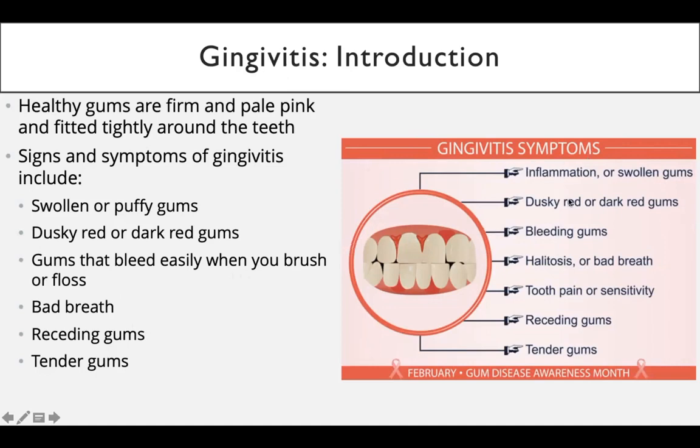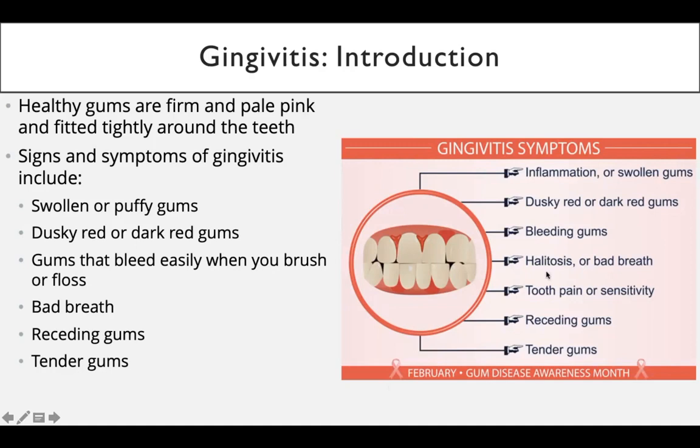So gingivitis symptoms: swollen gums, dusky red or dark red gums, bleeding gums, halitosis, tooth pain or sensitivity, receding gums, and tender gums. And as you can see, February is gum disease awareness month.